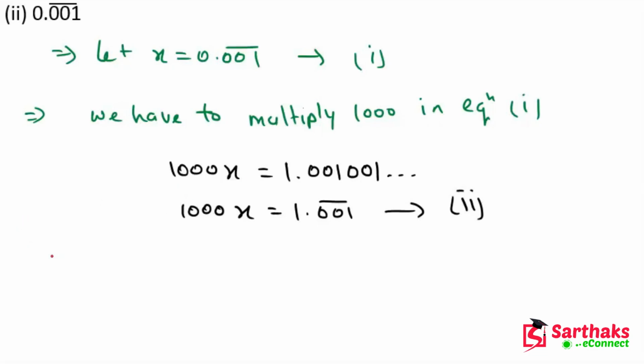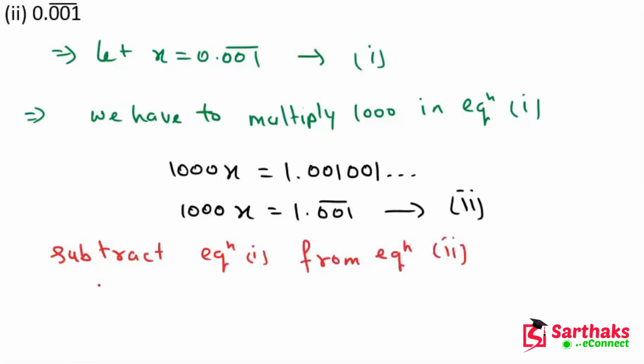Now subtract equation first from equation second. So we get, my dear friends, 1000x minus x is equal to 1.001 bar minus 0.001 bar.